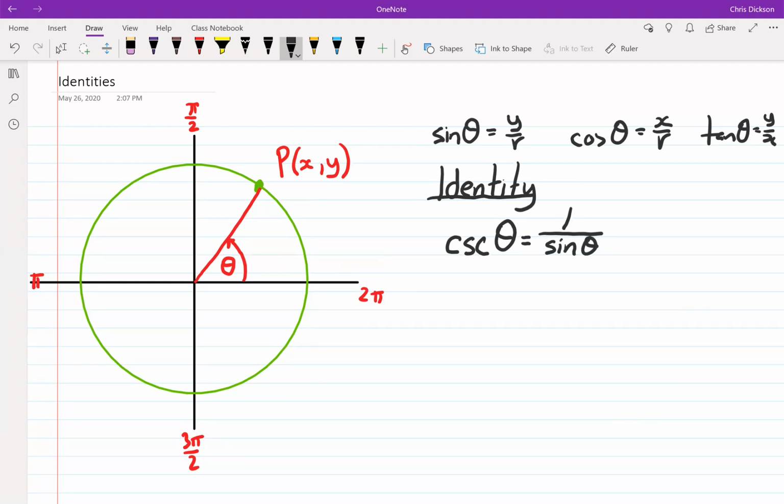That's just a definition in math, and that's actually referred to as an identity. Although I never called it an identity, it is one. In fact, sine theta is really 1 over cosecant theta, so that would also be an identity.